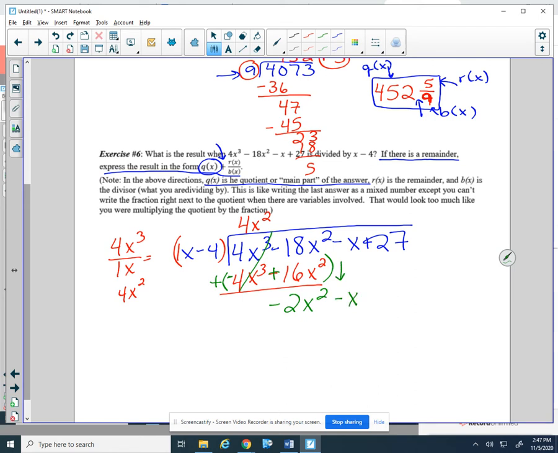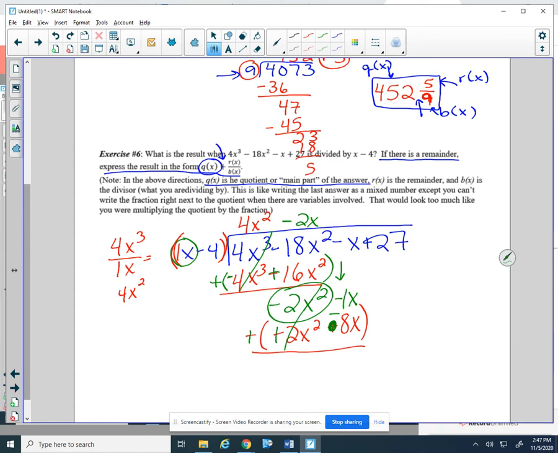So now we're saying how many times does this 1x go into the negative 2x squared? That's negative 2x times. And then we'll multiply this by the negative 2x. So that's negative 2x squared. Negative 4 times negative 2x is positive 8x. And we'll subtract and change the signs. Okay, cancels.